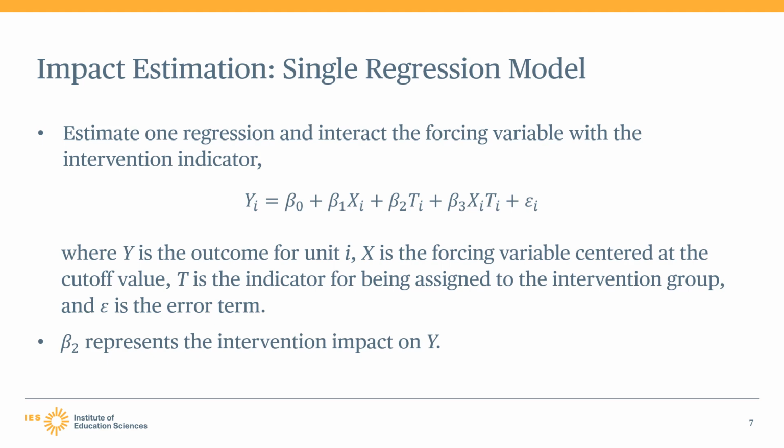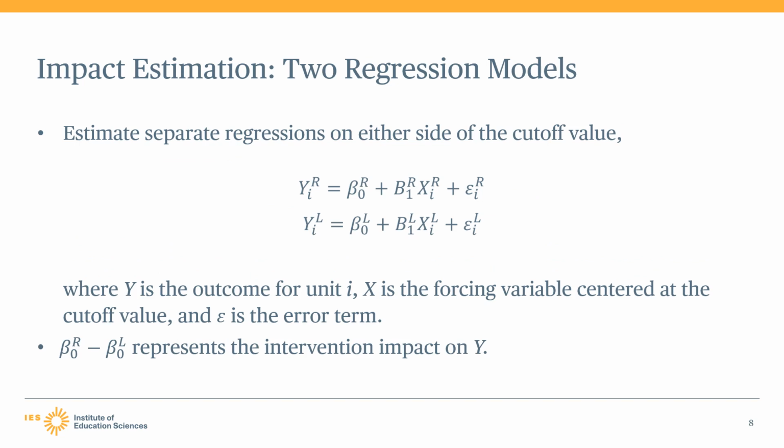In this single regression model specification, Y is the outcome measured for unit i, X is the forcing variable centered at the cutoff value, T is an indicator or dummy variable for whether a unit was assigned to the intervention or comparison group, and epsilon is the error term. In this single regression model specification, the intervention impact on the outcome at the cutoff is represented with beta 2, or the coefficient for the treatment indicator in the model.